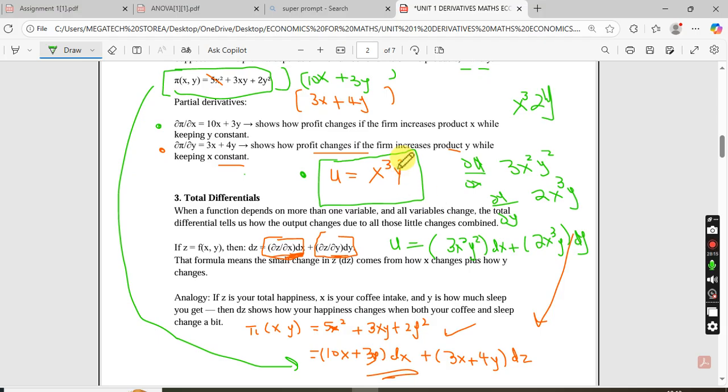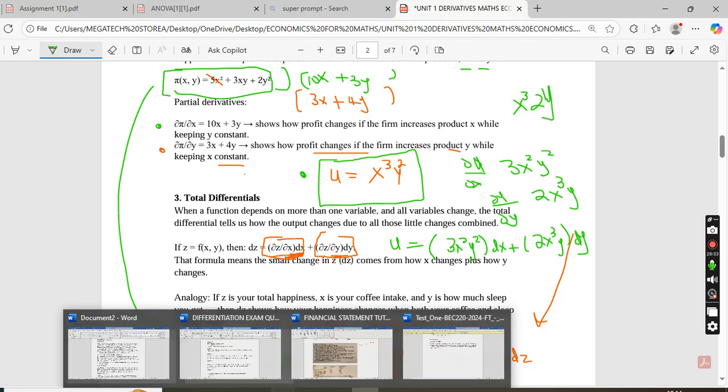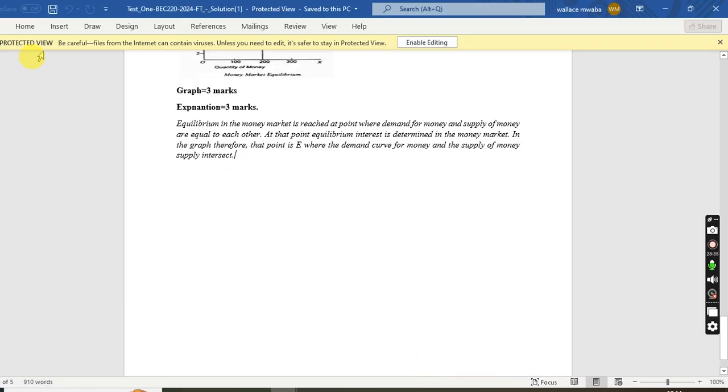You just focus on this y variable and its power. Is that okay, madam, or do I need to re-explain it? Okay, you re-explain it just one last time.